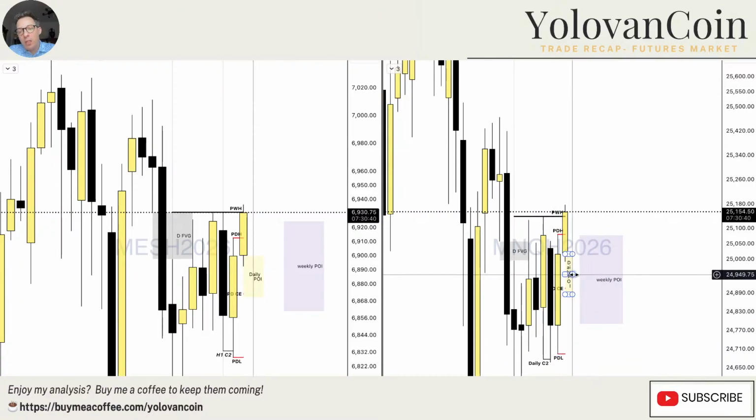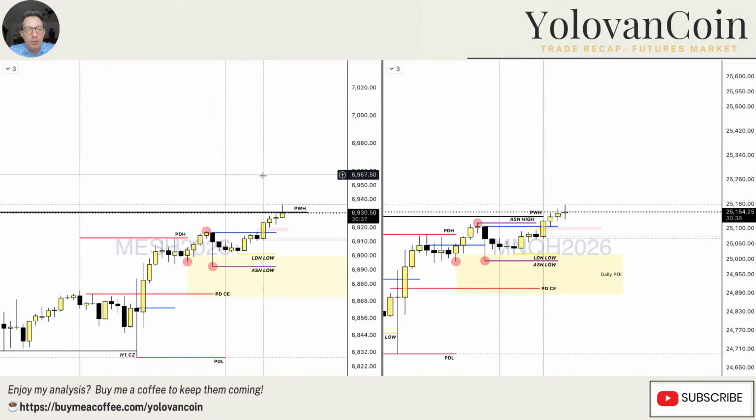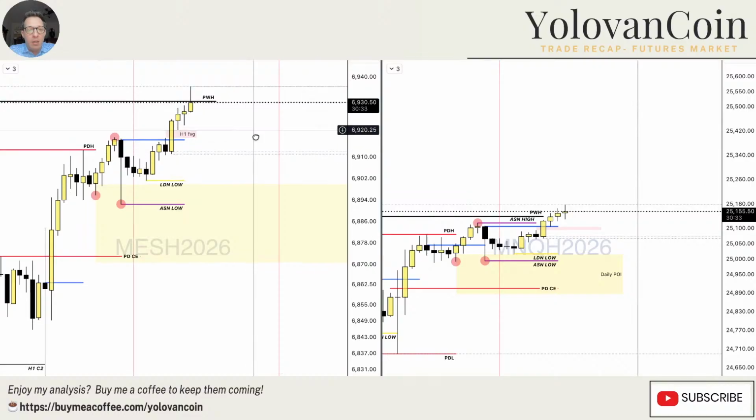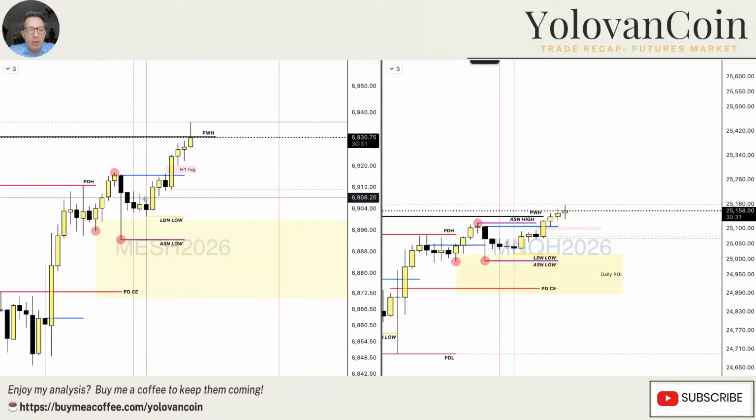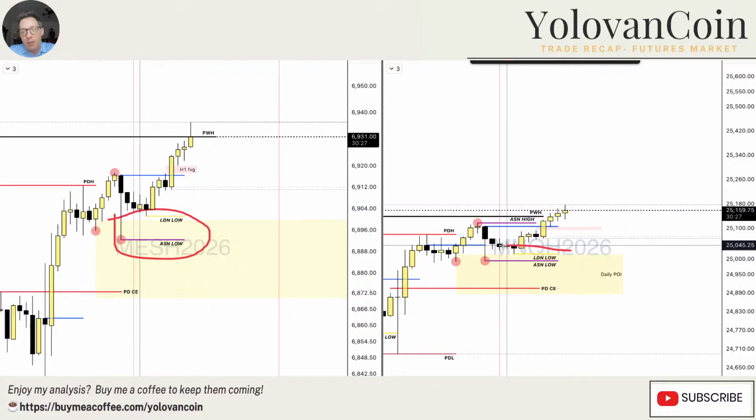So I wanted to see a 1 hour changing state of delivery from this daily POI on both instruments, and we had it, so I anticipate that the low of the day was set here as well.